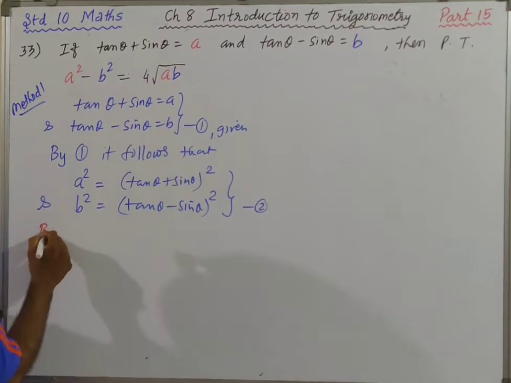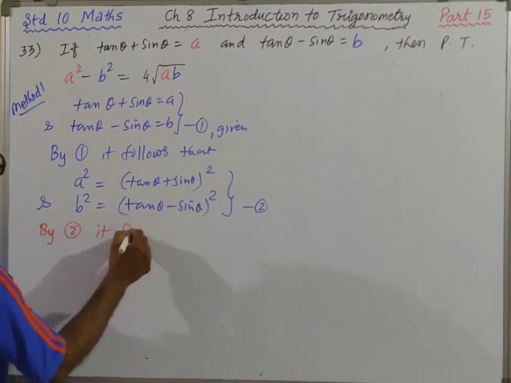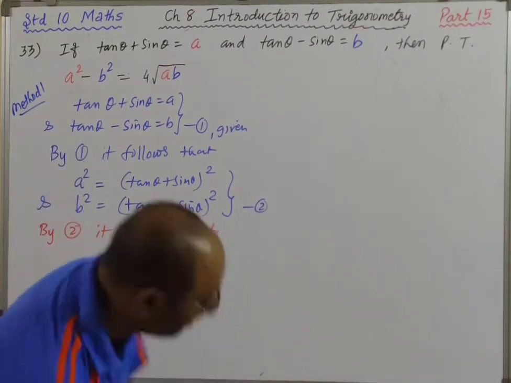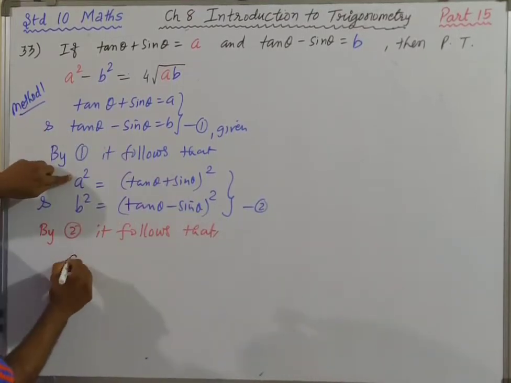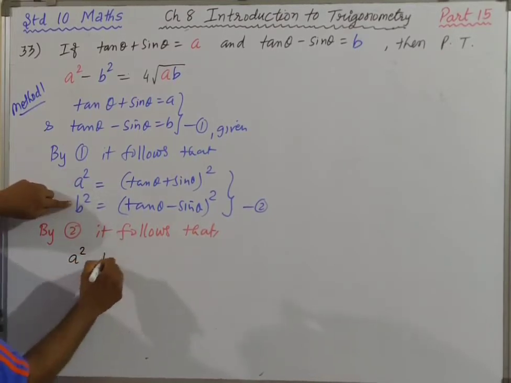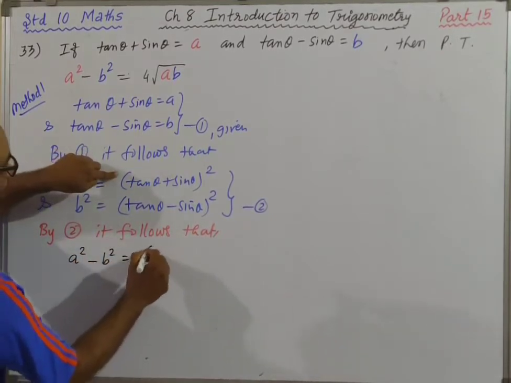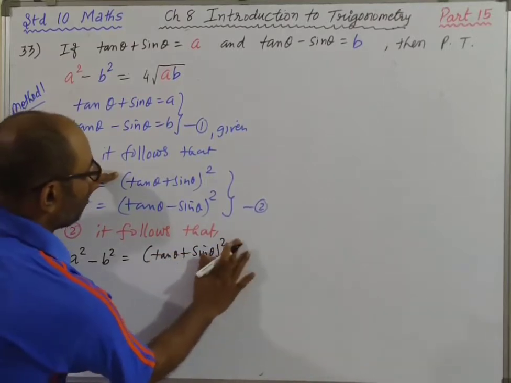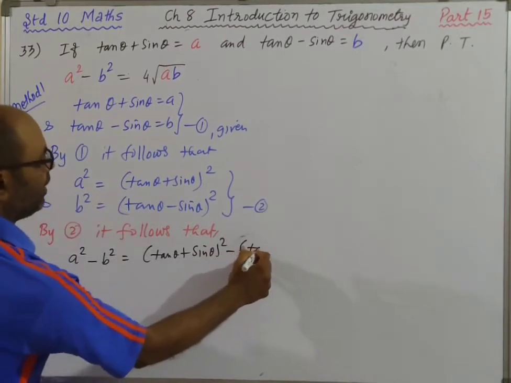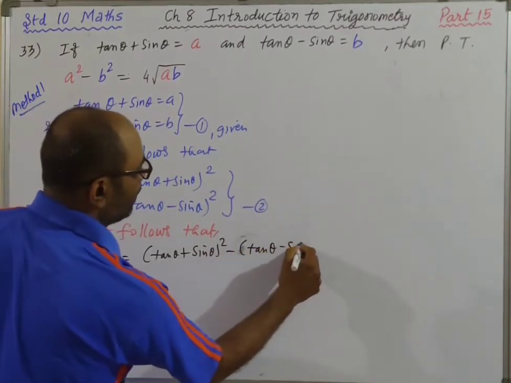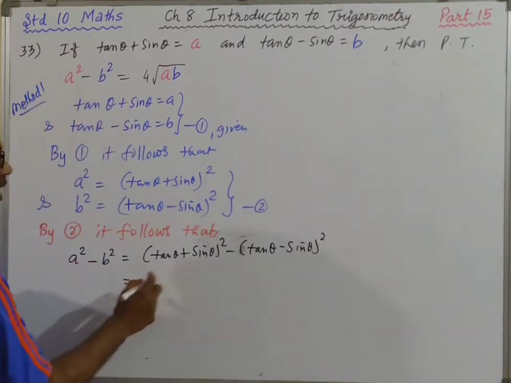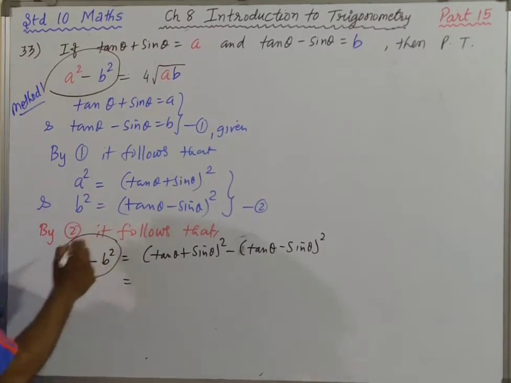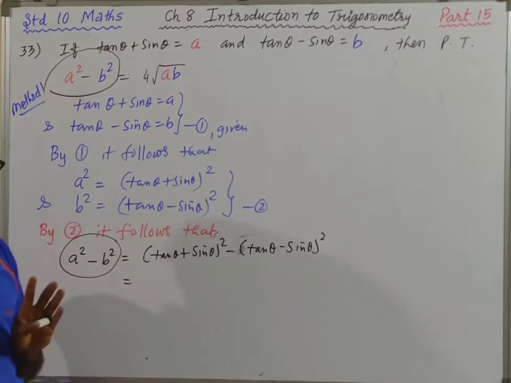So I'll write by 2, it follows that left hand side a square minus left hand side b square is equal to right hand side tan theta plus sine theta whole square, minus tan theta minus sine theta whole square. चलिए, square of binomial minus square of binomial. Your left hand side you have achieved, so we are not going to disturb the left hand side at all.